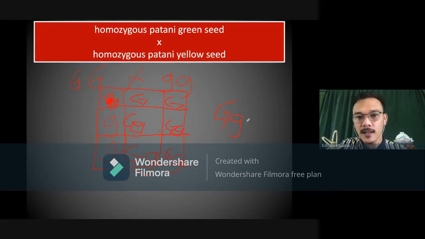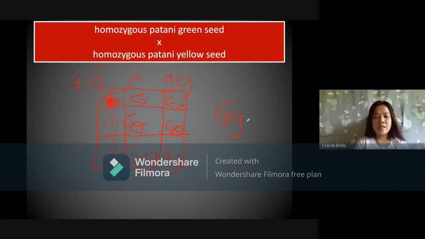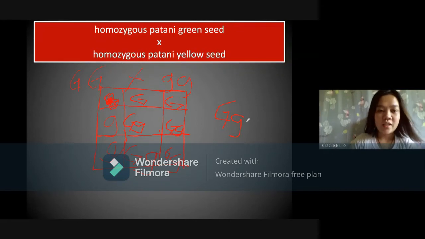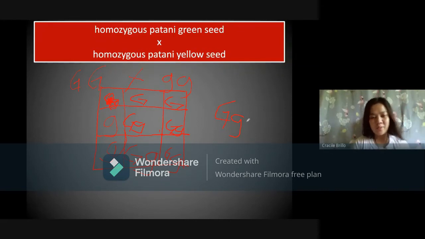Is this green or is this yellow seed? May I ask Crazel, what will be the resulting offspring? Is it green or is it yellow? Since the genotype results are a big G and small g, I think the offspring will be yellow green.